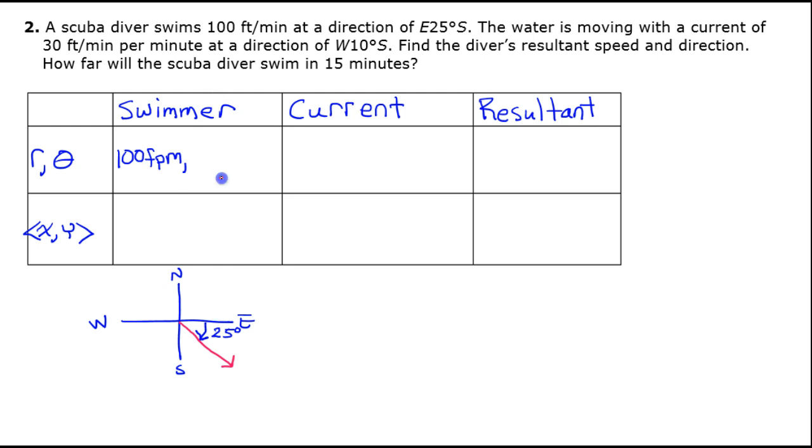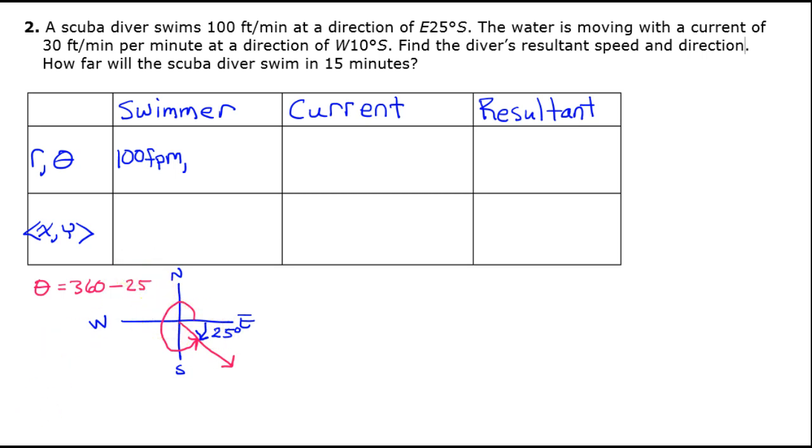Now, on the chart, we have to measure from the positive x-axis. So the angle that we need for the chart is going to be the angle that I'm showing now. We call that theta, and we can get theta in this case by doing 360 minus this 25 degree reference angle.